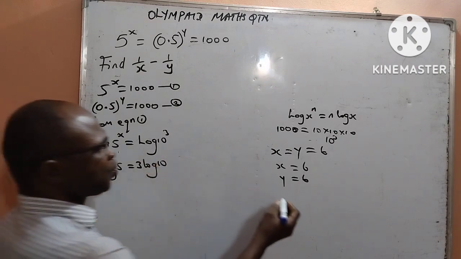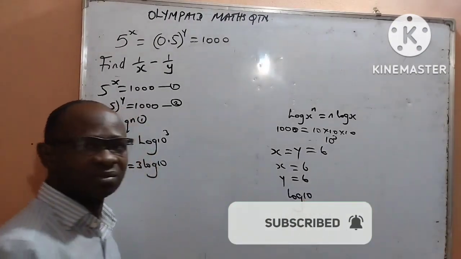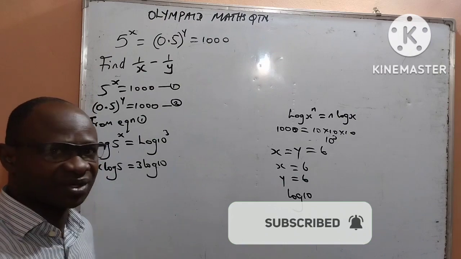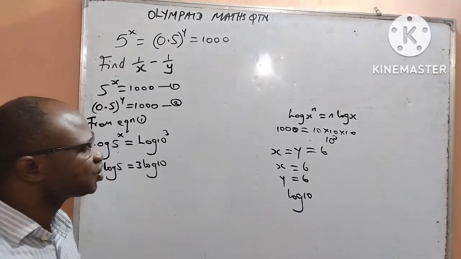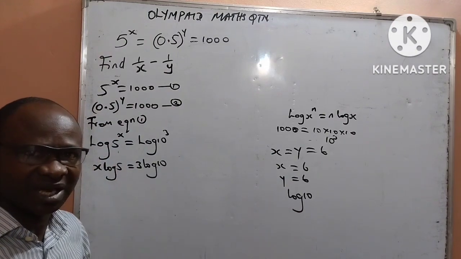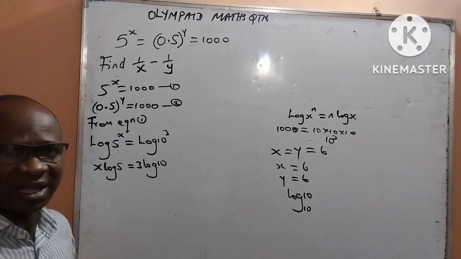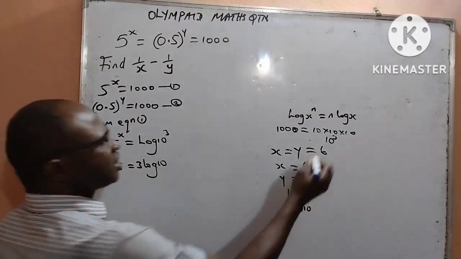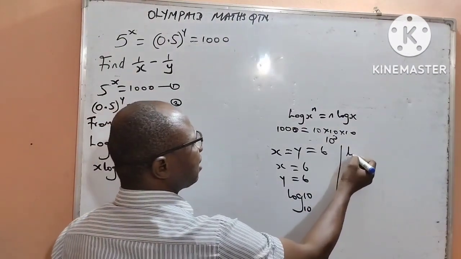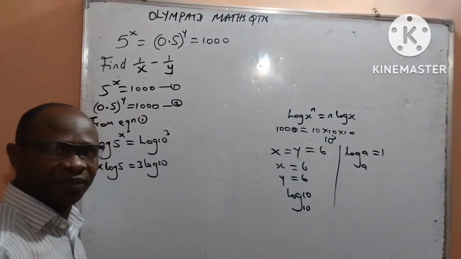Also, when a logarithm is given to you, maybe log 10 without a base, it is in the natural base, and that is base 10. So a log without a base is in the natural base, and that base is base 10. So you can see it as log 10 to base 10. But then we say in laws of logarithm that the logarithm of a number to its own base is equal to 1.